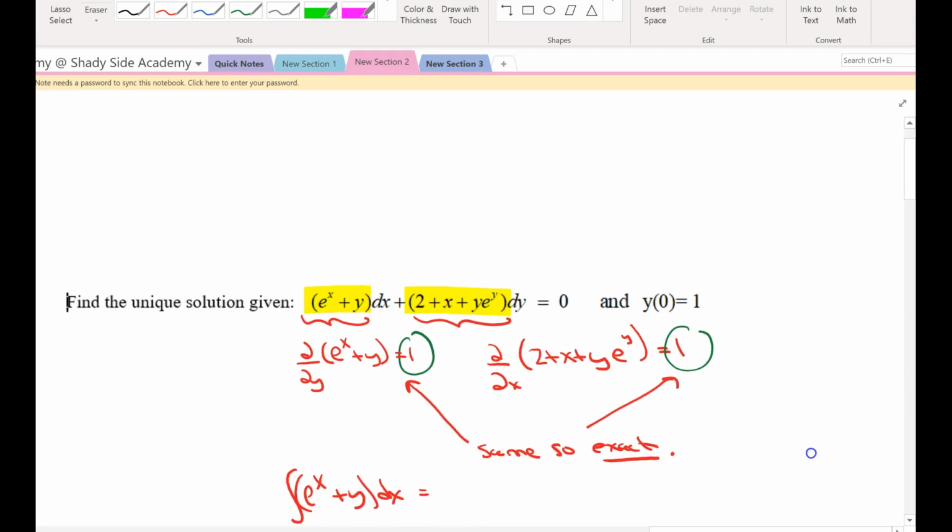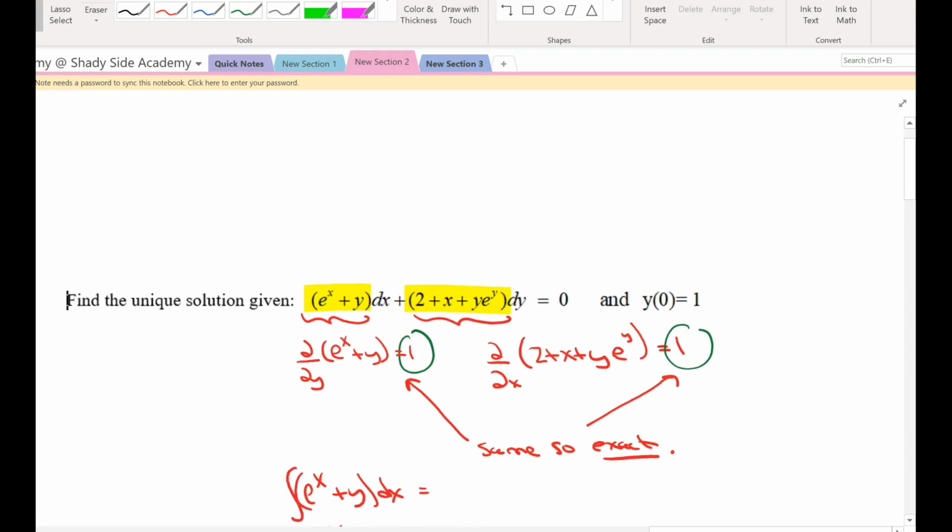Here we go. Now, this is really interesting. To get back to the f of xy, don't forget, to get back to the function, we're going to take the antiderivative. Would you rather anti-differentiate this with respect to x or anti-differentiate this with respect to y?